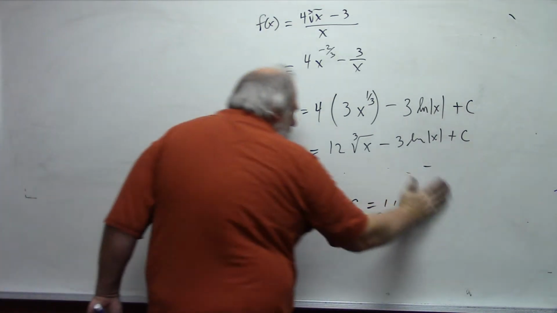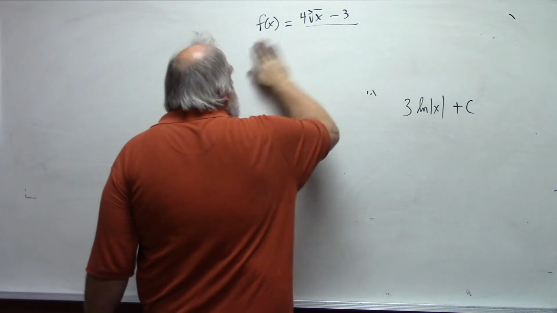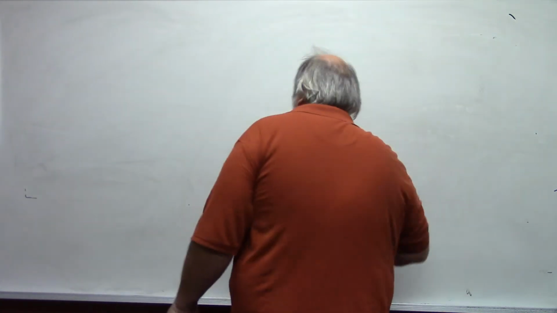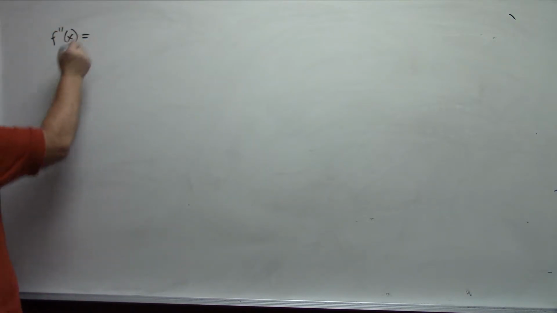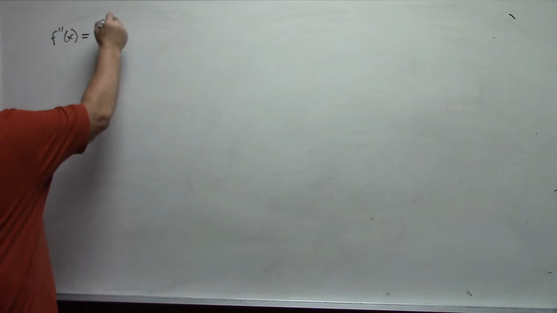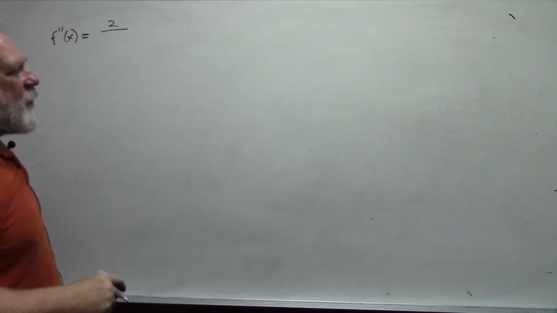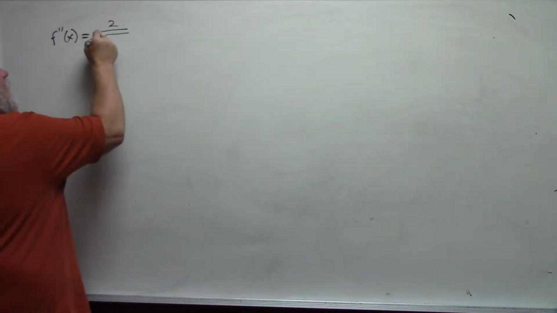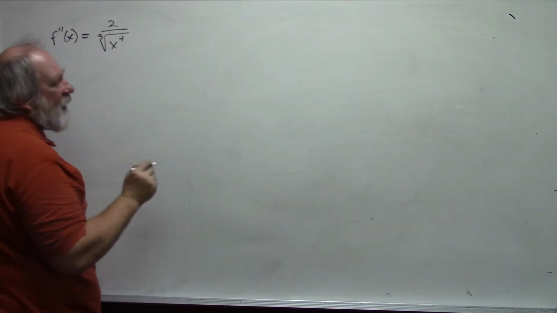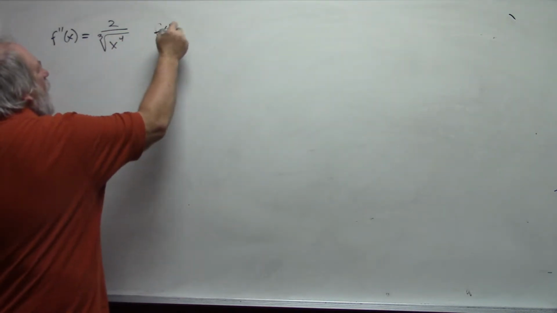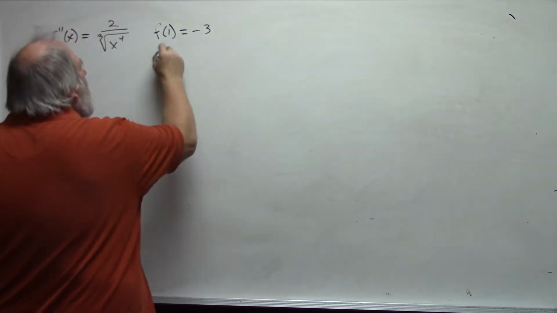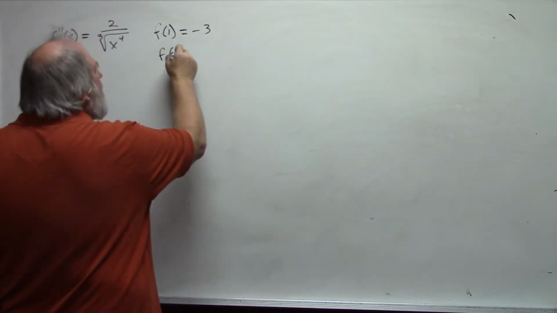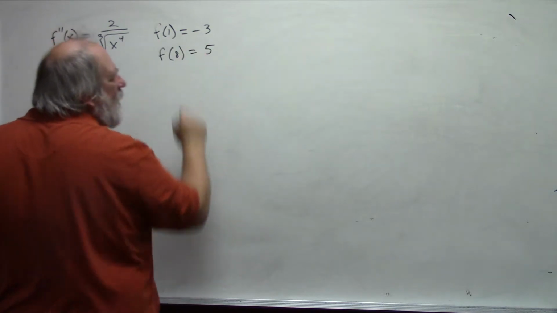Suppose I have f double prime of x is equal to 2 over the cube root of x to the 4th, and I'm given f of 1 is equal to -3, and f of 8 is equal to 5.